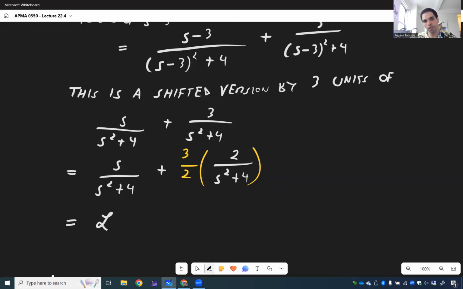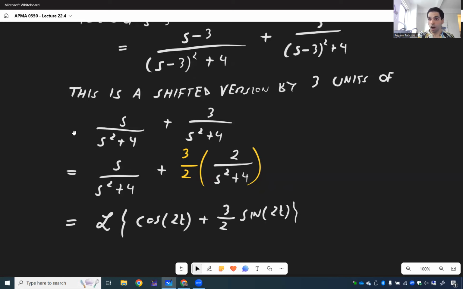That becomes the Laplace transform of cosine 2t plus 3/2 sine of 2t. So the unshifted version gives you cosine 2t plus 3/2 sine of 2t.